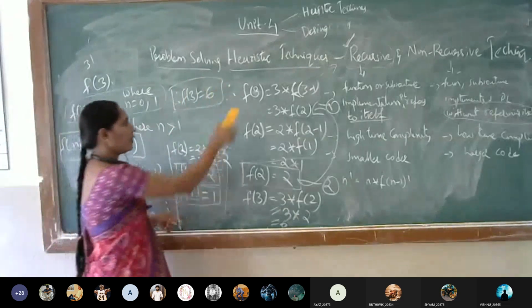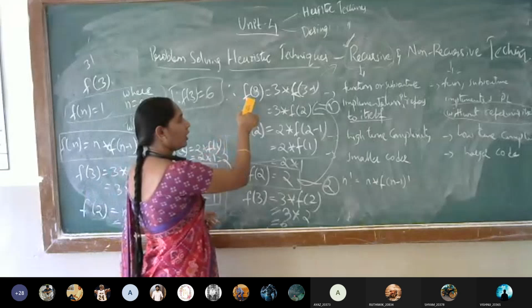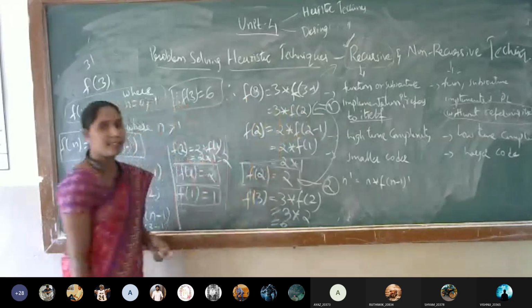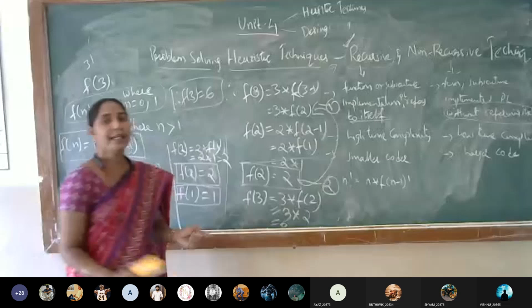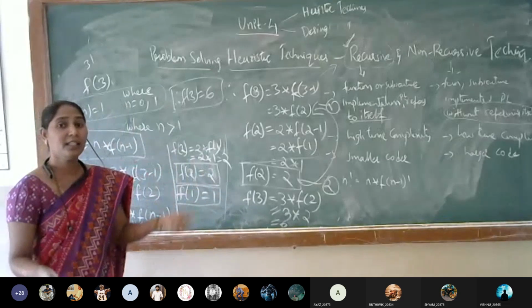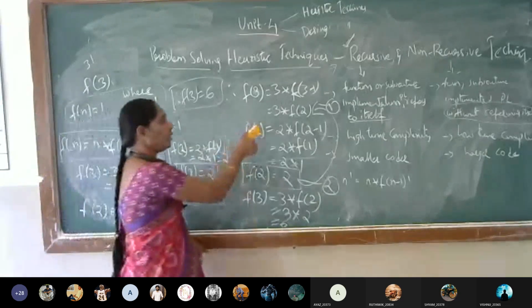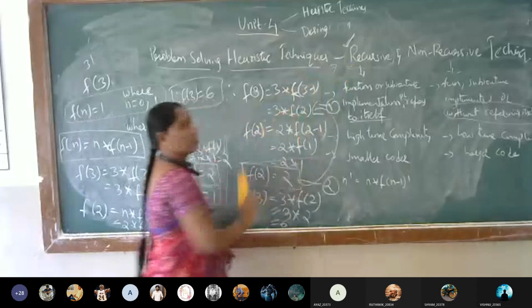Now f of 3 is one function, and f of 3 minus 2, that is f of 2, is another function. That means the same factorial function is calling itself again in the same function. Then it is said to be a recursive function.